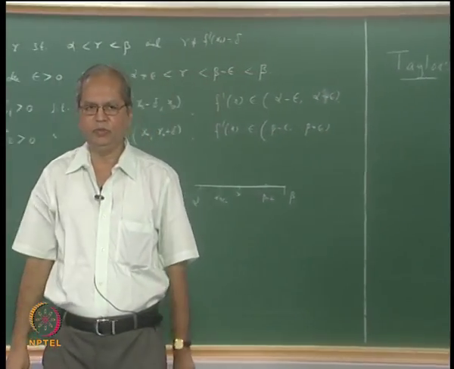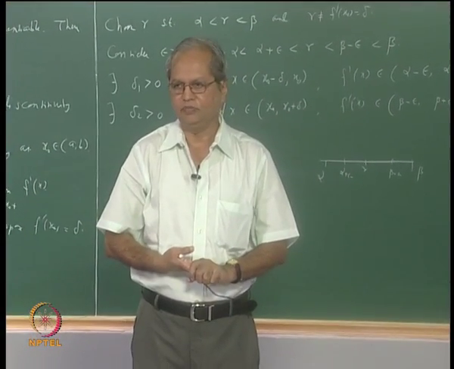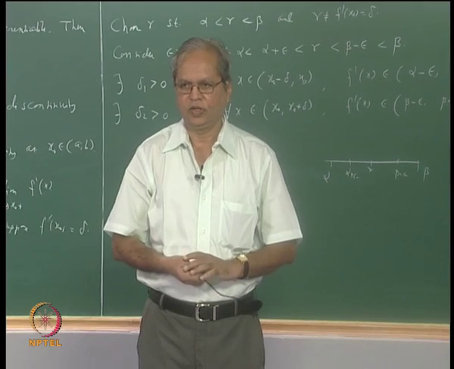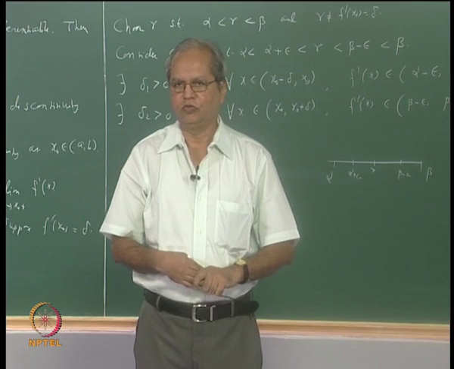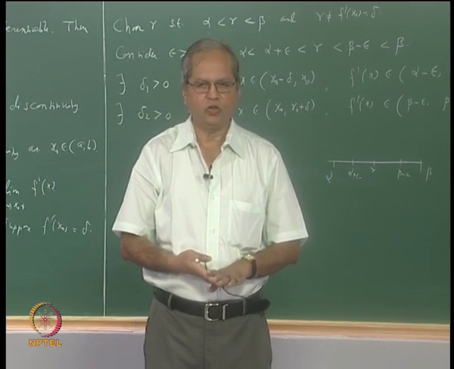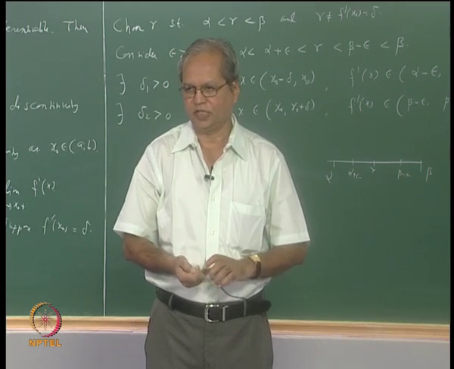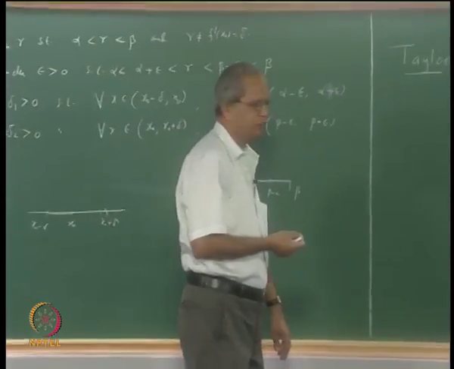In Taylor's theorem, we basically are interested in approximating a given function by a polynomial, and a polynomial of as high degree as possible. Now what is the highest possible degree that you can go to? That depends on how many derivatives the given function f has. So let us begin with saying that suppose f has derivatives up to order n.